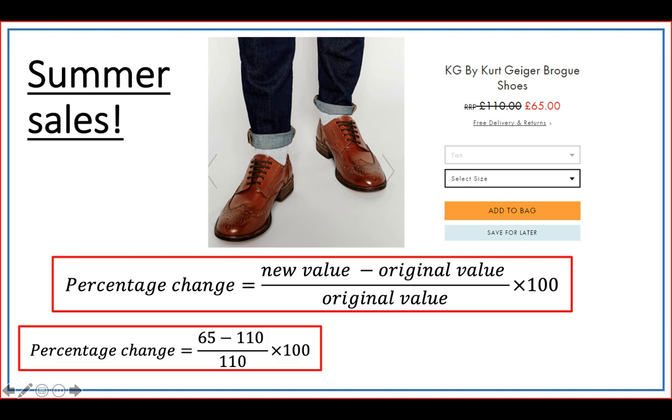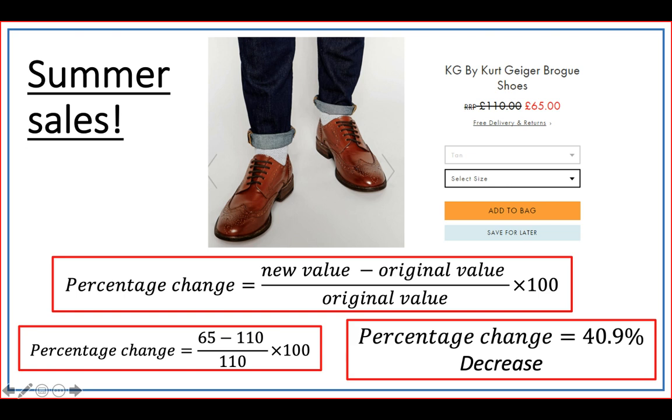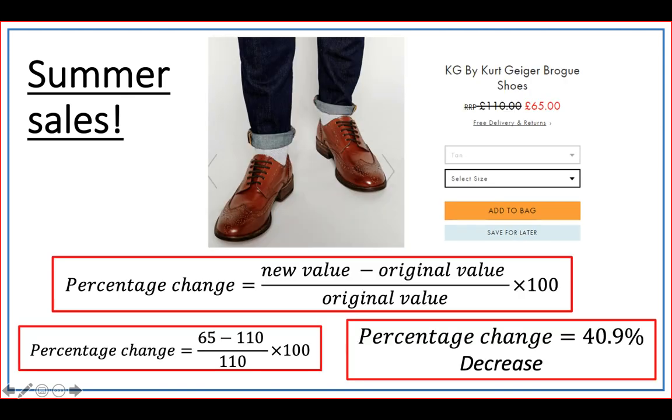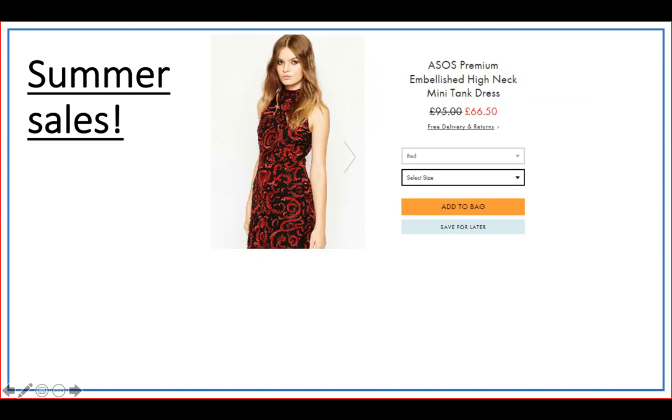So new value 65, subtract the original value of 110, divided by 110 times by 100, and once we figure that out, we'd end up with 0.409 and so on, and putting it into our percentage, we'd say it's a percentage change of 40.9%, and it's a decrease. We don't refer to it as a negative percentage, it's a positive percentage, but we refer to it as a decrease in percentage.